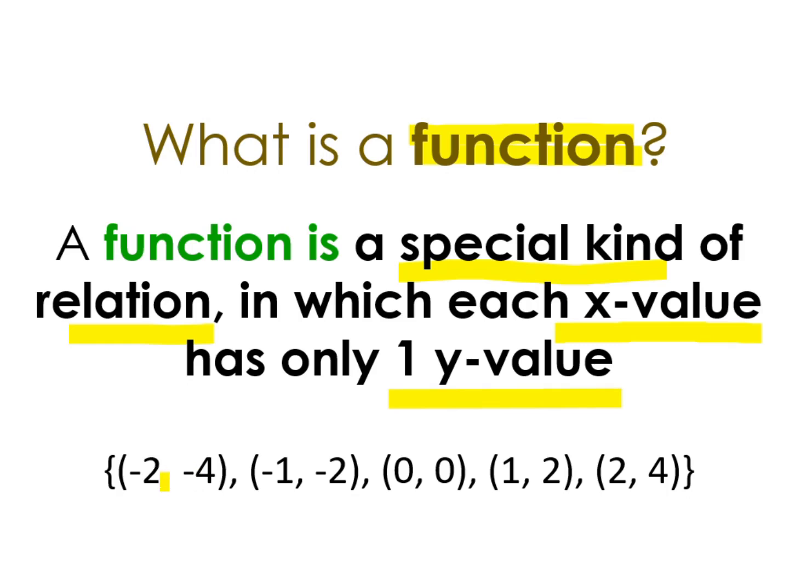Here, -2 has only one value of y, which is -4. -1 has only one value of y, which is -2. Each x value has only one y value. So this given situation is a function.